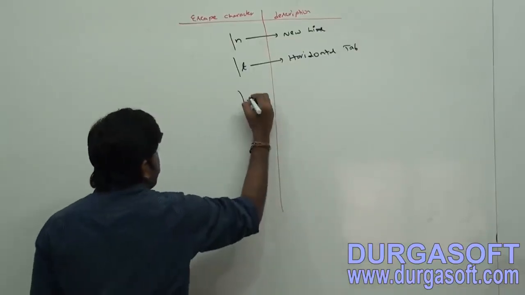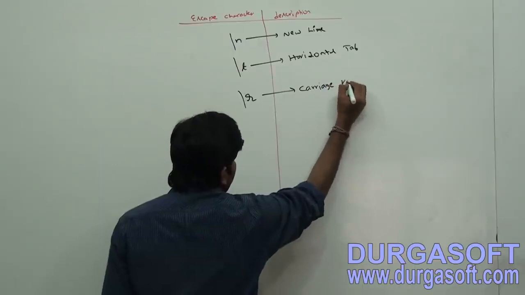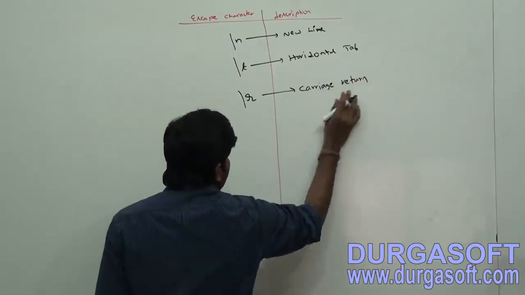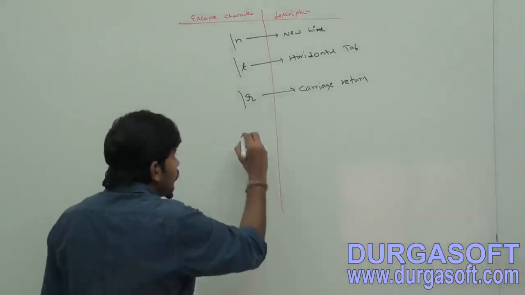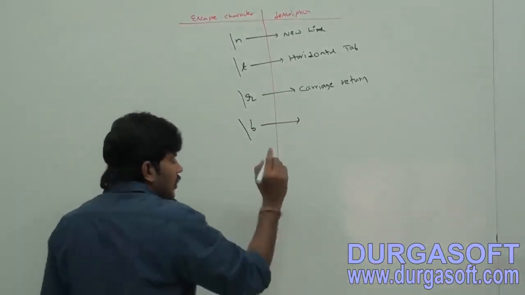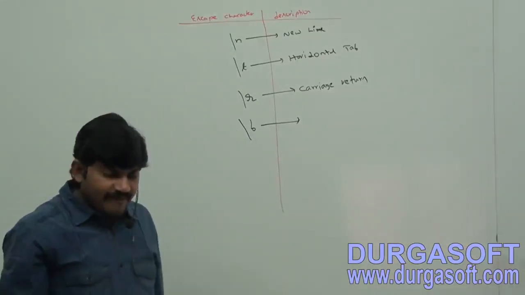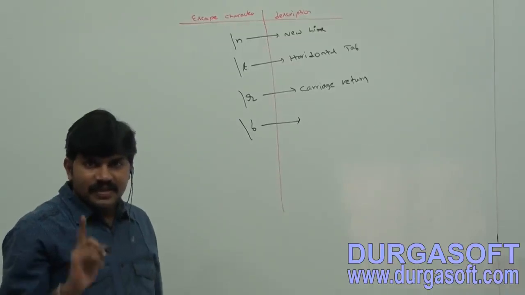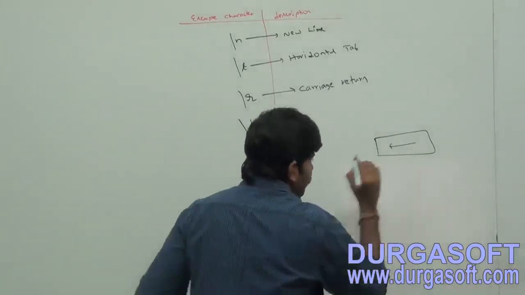\r is carriage return. \b, what is that \b? Here, backspace or blank space? \b. In our keyboard there is one key with this symbol.